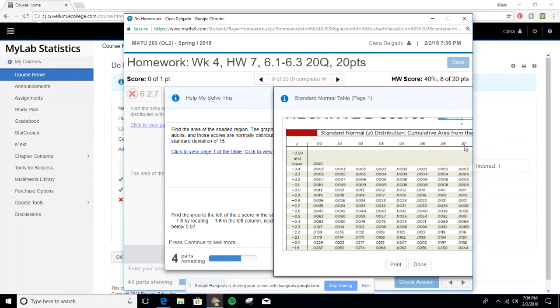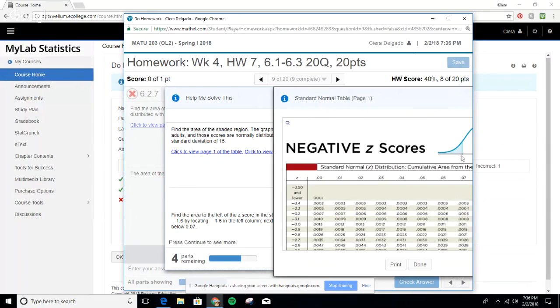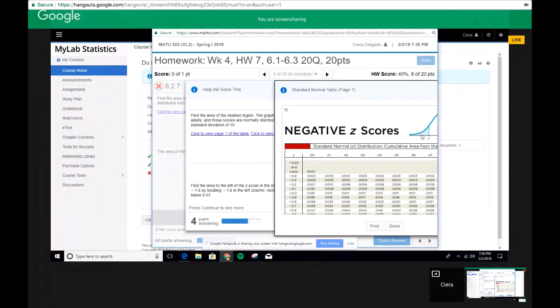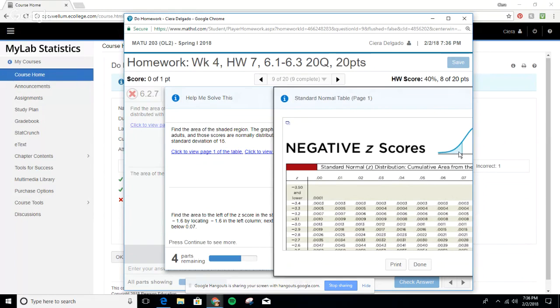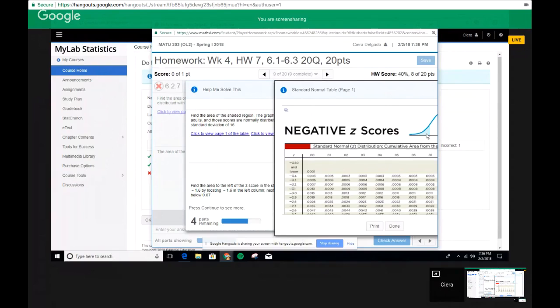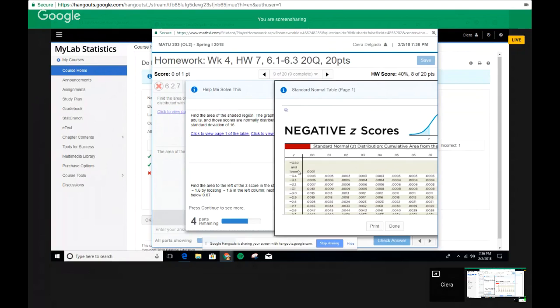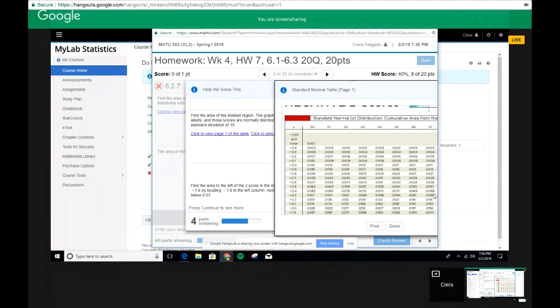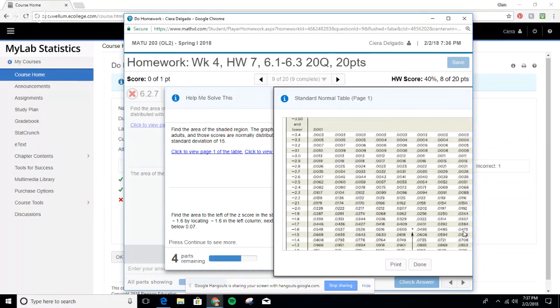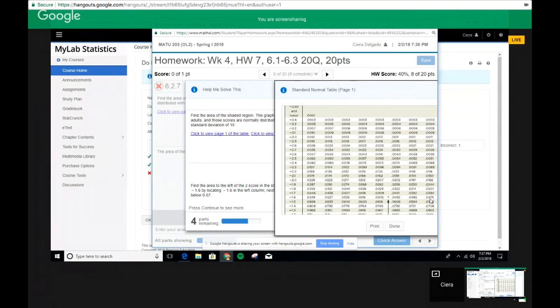Oh, I'm on the negative table. I didn't see that on top. It's negative because this is negative. So for the z-score of negative 1.6, let's go down, keep going. That would be right there, negative 1.6.